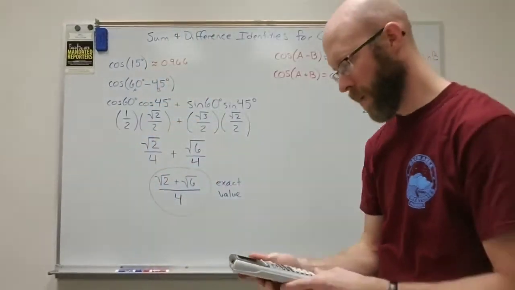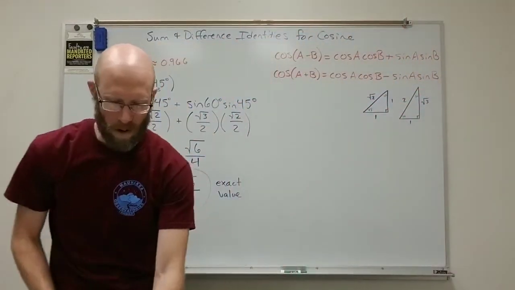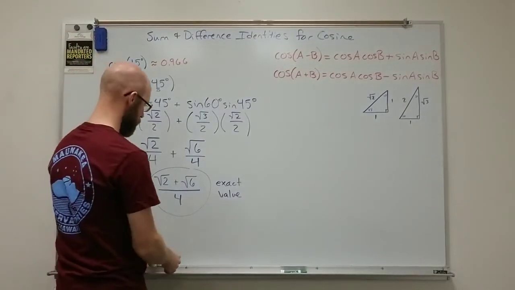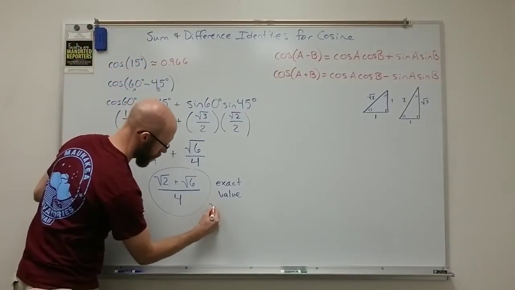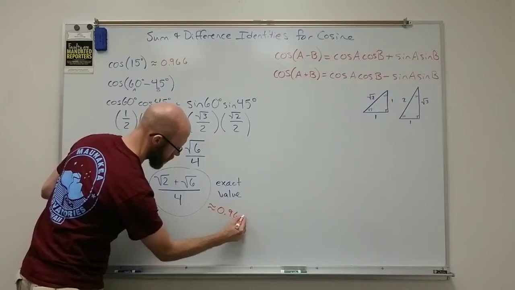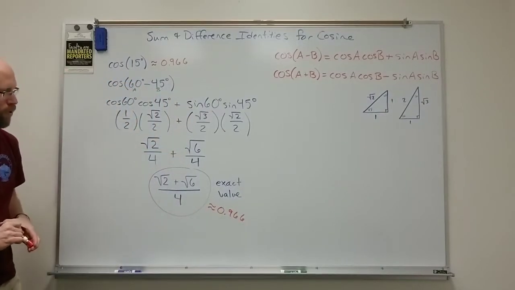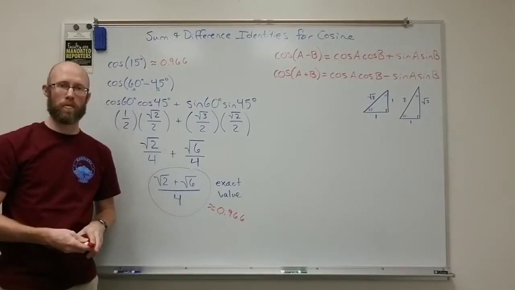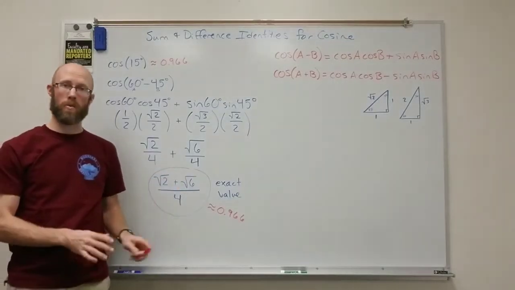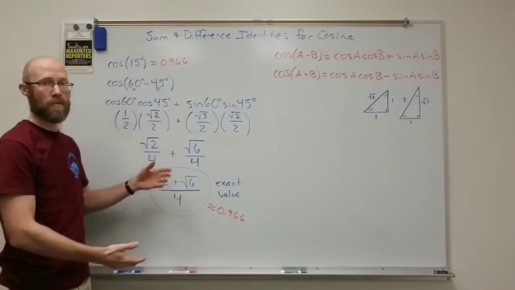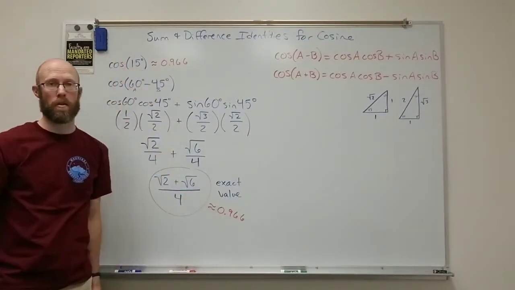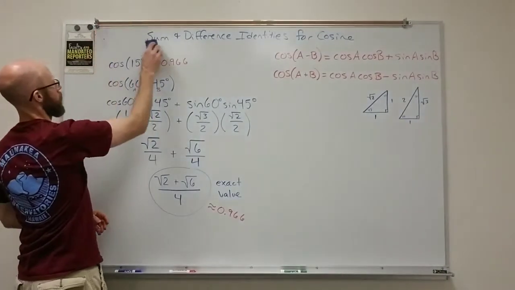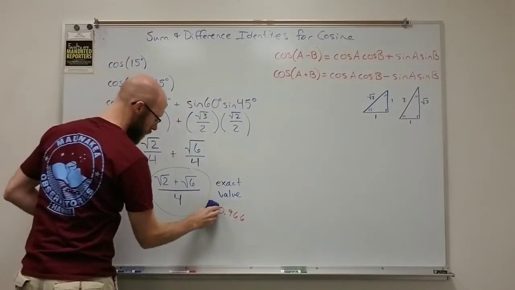Alright, so anyway, that's just to verify. So this thing also approximately equals 0.966. Again, I wouldn't be looking for that decimal value. I'd be looking for this exact value. I just wanted you to see that the decimal forms do match up. Okay? So anyway, it works out kind of nice. I like that.